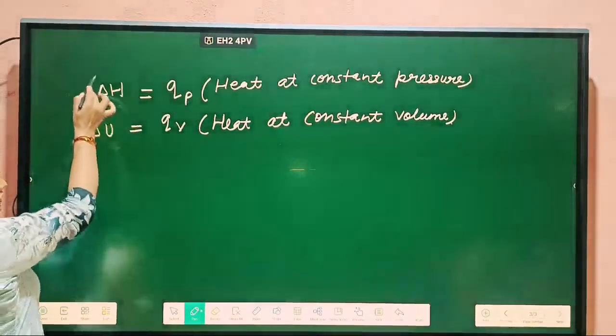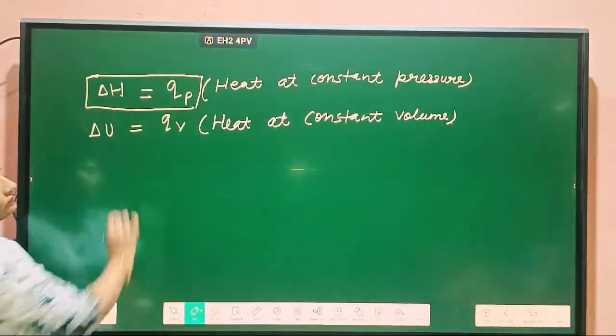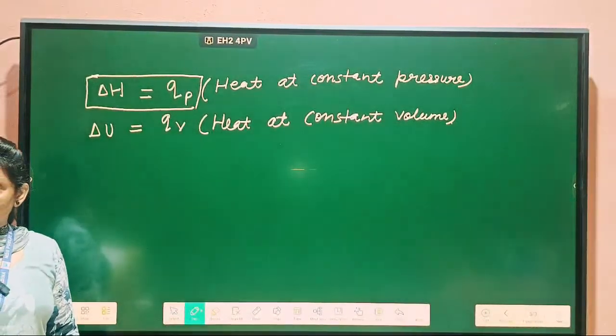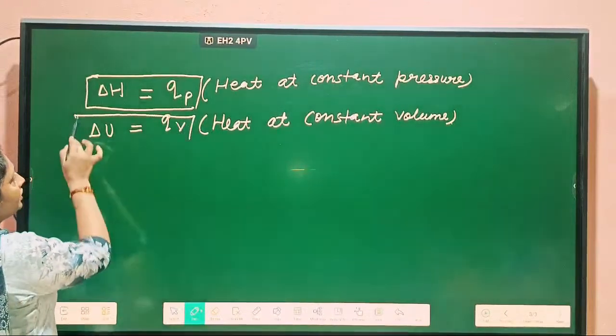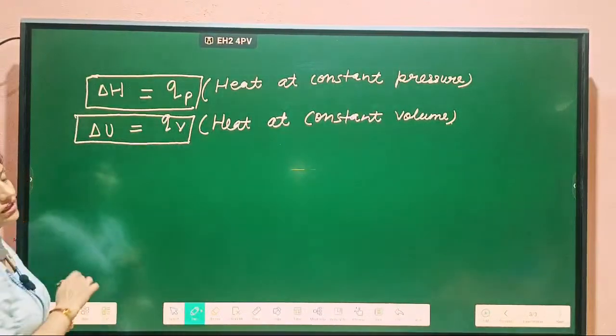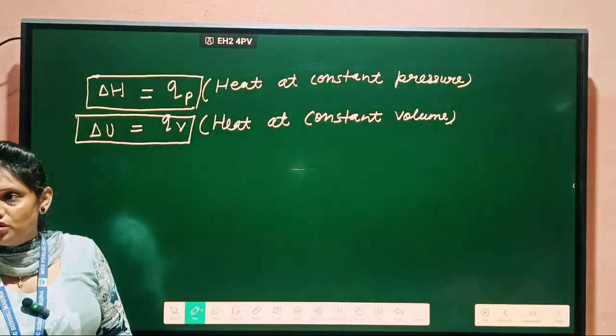So students, change in enthalpy will be equal to heat absorbed or released at constant pressure, and change in internal energy is equal to the heat absorbed or released at constant volume. It is clear to you or not?